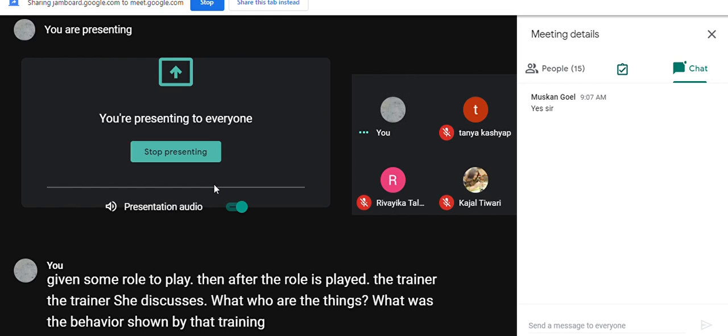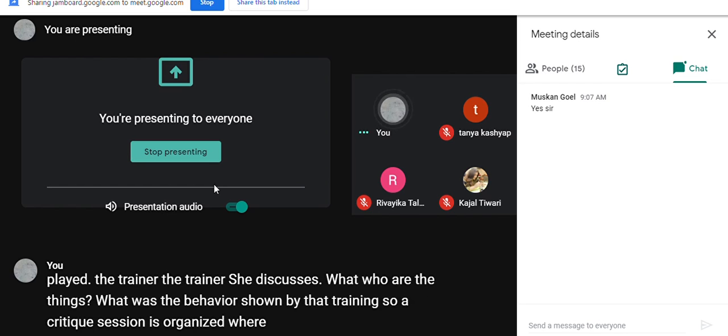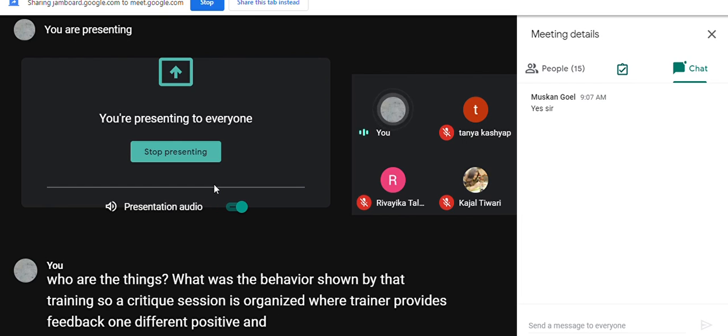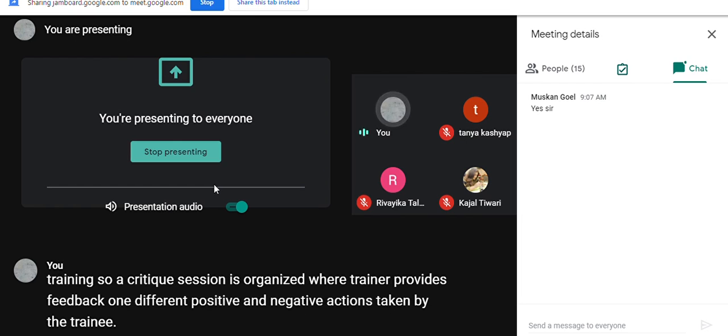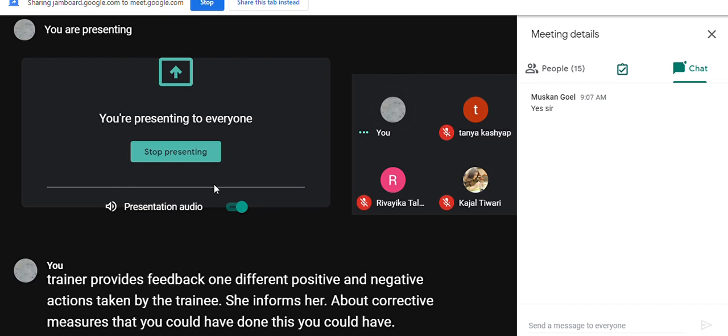So a critique session is organized where trainer provides feedback on different positive and negative actions taken by the trainee. She informs her about corrective measures, that you could have done this, you could have said this thing instead of that.